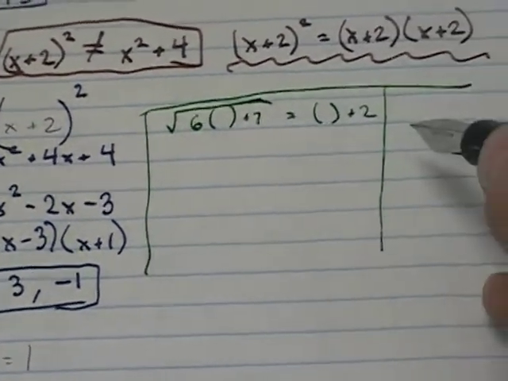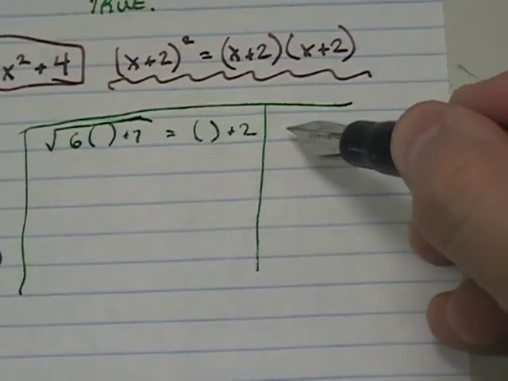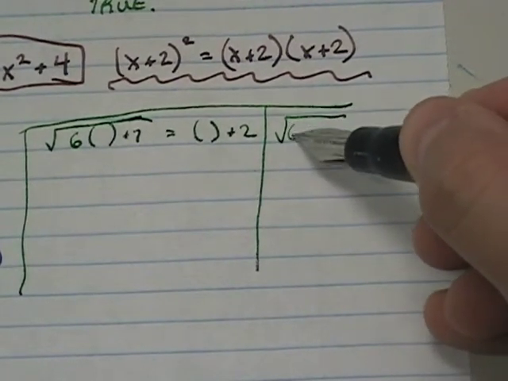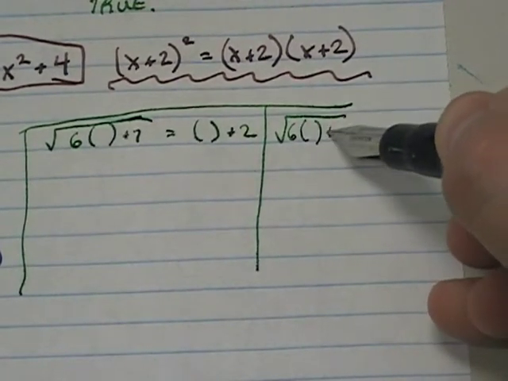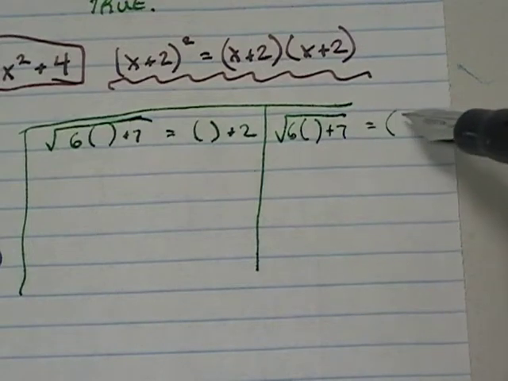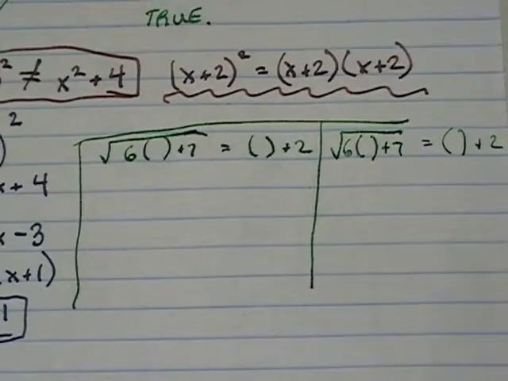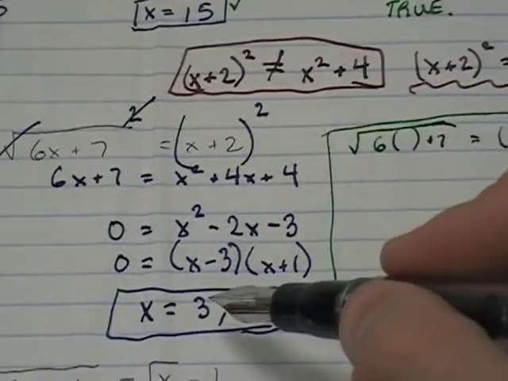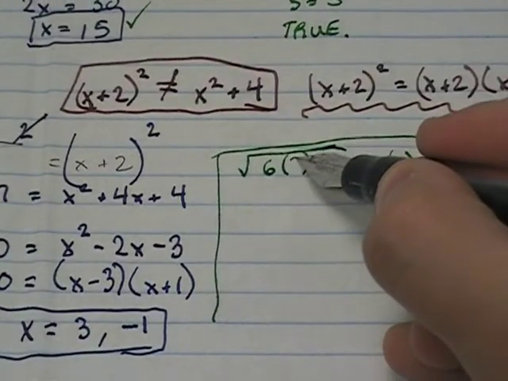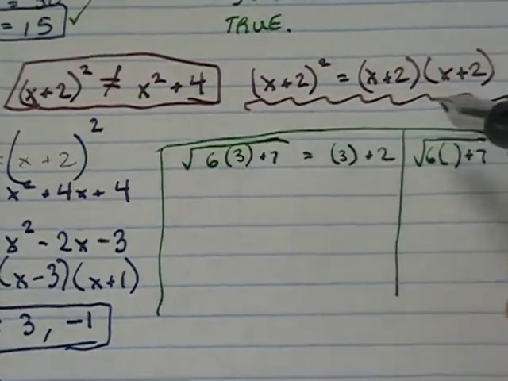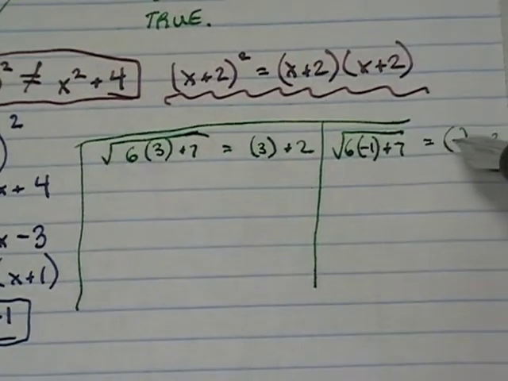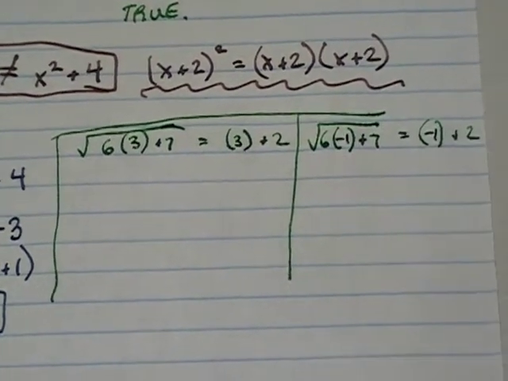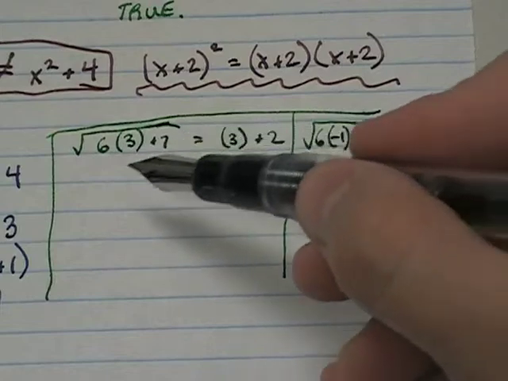I'm going to do that for both of my solutions. My solutions were 3 and negative 1, so I'll put a 3 there and a 3 there, and a negative 1 there and a negative 1 there.